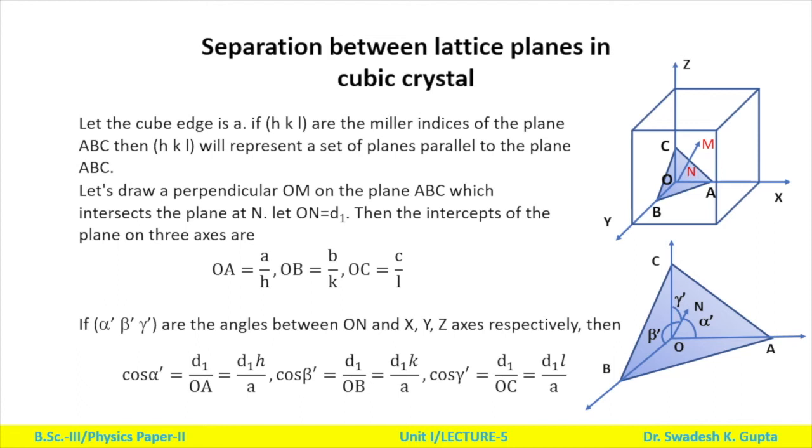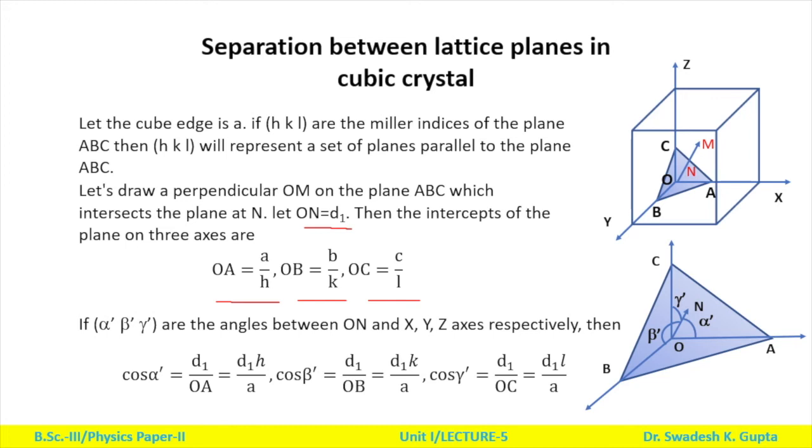Now if we draw a perpendicular from the origin O on this plane ABC, it will intersect the plane at the point N, and let's say this distance ON is d1. Then the intercepts of the plane on the three axes will be OA equal to a by h, OB equal to b by k, and OC equal to c by l.